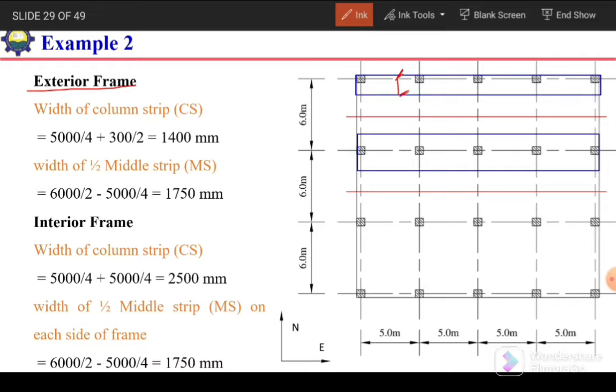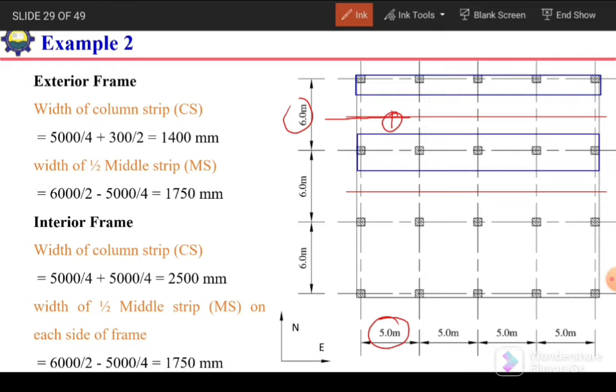How will you determine this width of column strip? Let's consider this first panel, for example. This is the center line of the first panel, shown by this red line. The dimension of this panel on one side is 6 meter and on the other side it is 5 meter. So the smaller dimension is 5 meter.